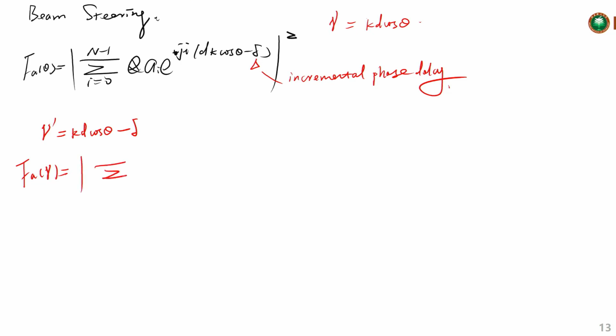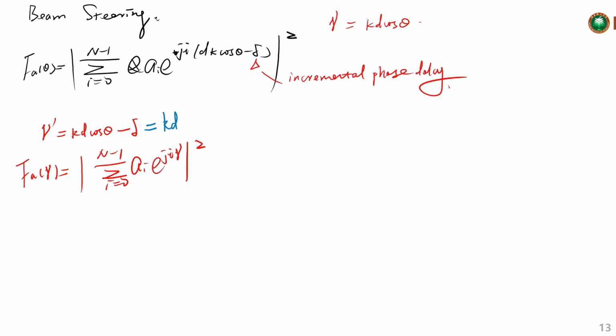So AF equals the sum from i equals 0 to n minus 1 of a_i e to the j i gamma prime, as in the previous one that we assumed. Now we want to introduce gamma as a constant, the phase delay. k and d are also constant, right? They are determined by the physical dimension of the antenna array and by its operating frequency.